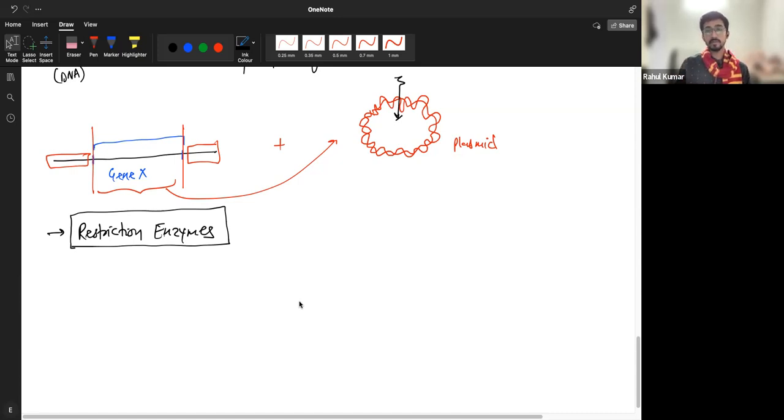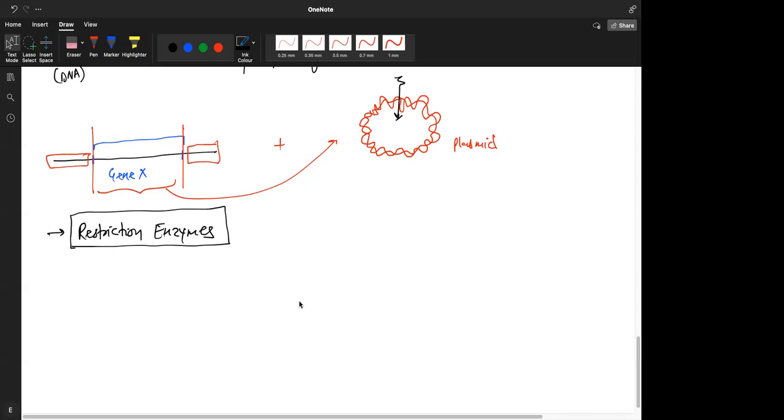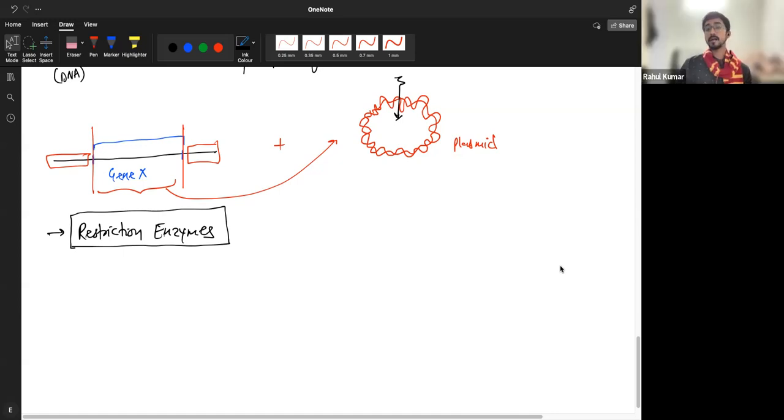If the question would have been which enzyme helps in transcription, what would you say? What is transcription? Copying information from one strand of the DNA into RNA. Perfect. So we are making an RNA from a DNA, in simple terms.